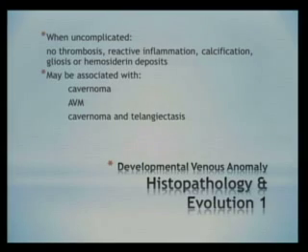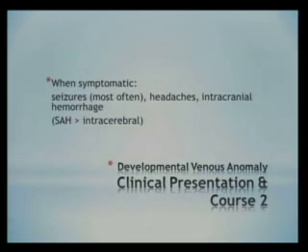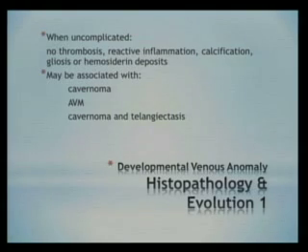They're usually uncomplicated, but they can give rise to seizures, headaches, intracranial hemorrhage, especially if they are associated with a cavernoma, in which case invariably it's the cavernoma that's the culprit.